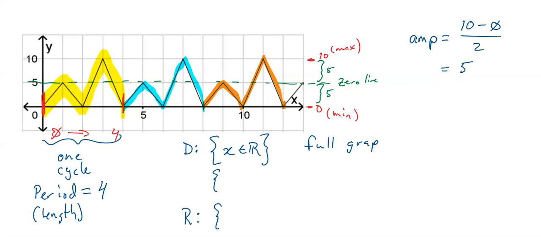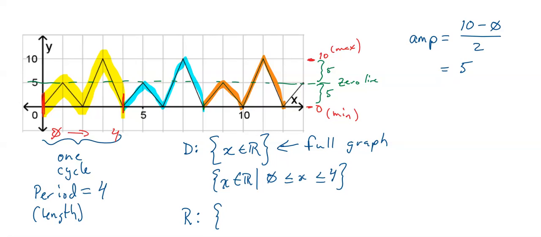But what's a little bit more interesting is if I just talk about the domain of one cycle. So if you remember this one, we can say it starts at 0 and one cycle ends at 4. So the domain would be from 0 to 4. But just watch for a minute.